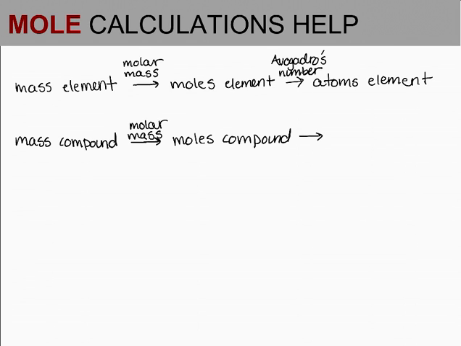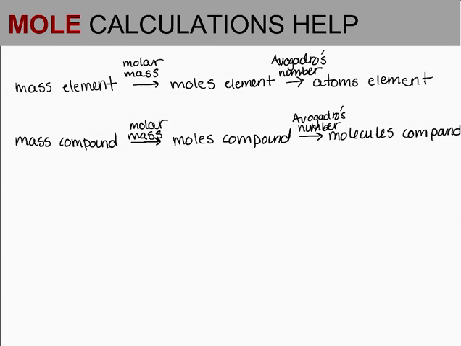And again, we can convert from moles of a compound to molecules of a compound. And again, we'll use Avogadro's number. What's great about this flowchart is we can also go in the reverse direction.